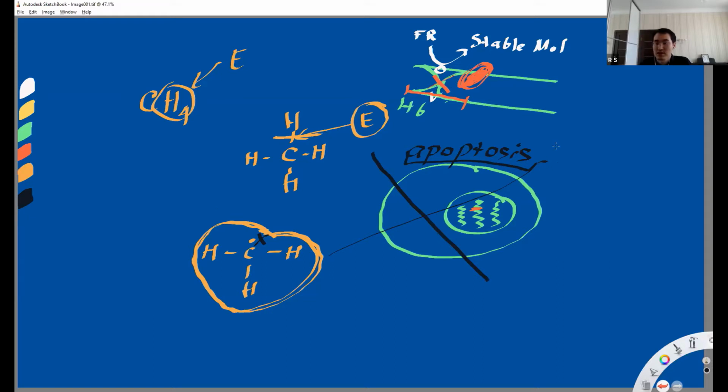Usually, to fight these free radicals, the cells can produce so-called antioxidants. These are usually something like fats or high carbon containing elements. We have a lot of carbons going to both sides, and they can donate one electron and still be a stable molecule.